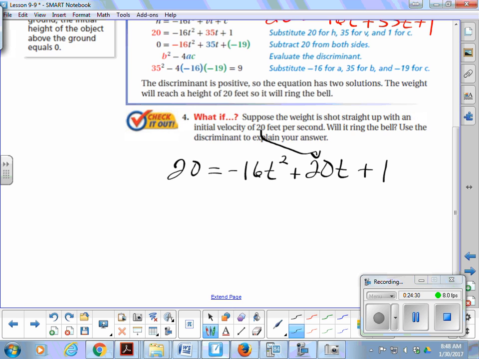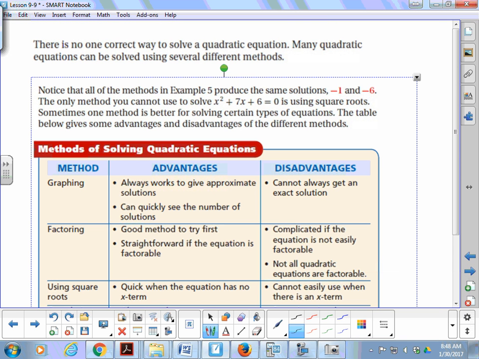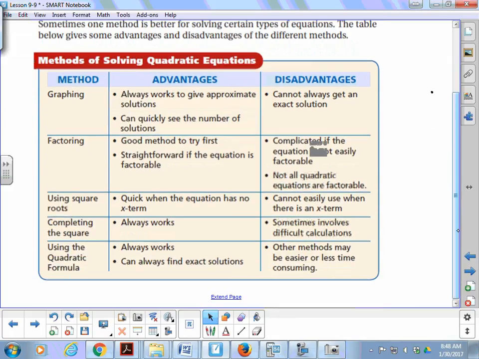All right, so we've gone through the last of all the ways to solve quadratic equations. There's graphing. And this is the last thing in lesson 9. It talks about the advantages of graphing, advantages for factoring, using square roots, completing the square, and using the quadratic formula. Okay?